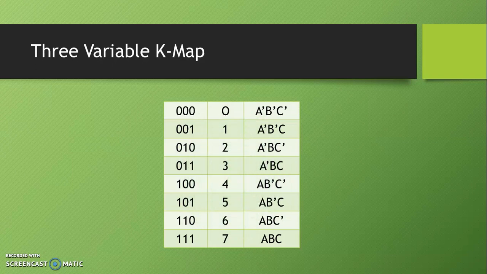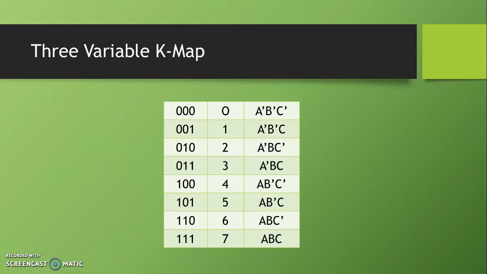Before that, we know that when we have 3 variables, we have a total of 8 different input possibilities. We have 3 input variables, that is A, B, C. A is the most significant bit and C is the least significant bit. We have 8 different possibilities, 0, 0, 0, 0, 0, 1 and up to 1, 1, 1.